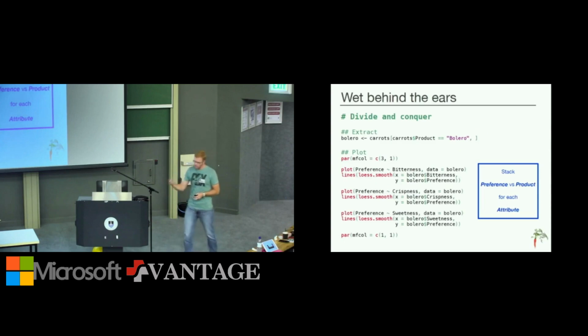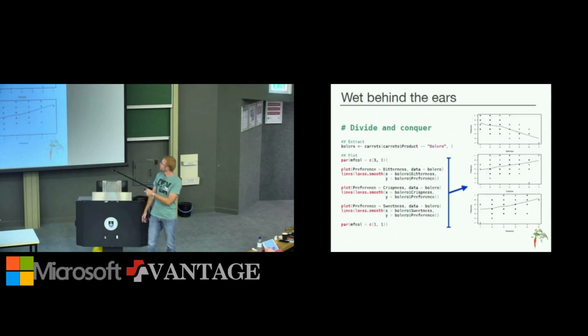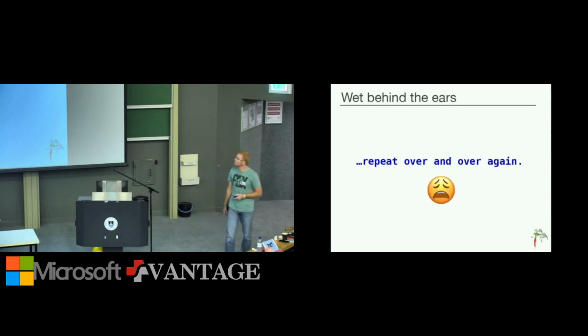Now, when I first started at R, I knew base R and I knew base graphics. So my way of going through this would be to extract from the data set using standard indexing out each carrot and then apply to each carrot a certain plotting function using base graphics. And what I'd get would be something like that. But then I would do that over and over again for every single one of those.